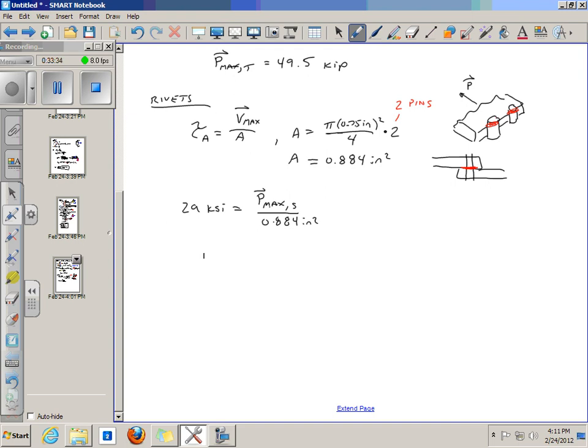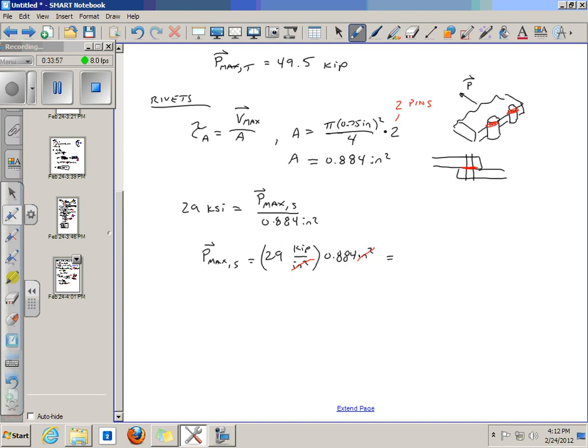So P max in shear is 29 kips per square inch times 0.884 inches squared, and the inches squared cancel, so I get kips.